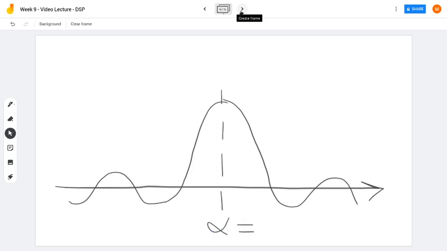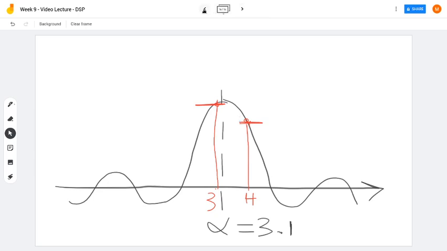Let me put it, alpha equals, let's say 3.1, a fraction like this. So the first sample we'll be having will be at 4, and the sample before 3.1 will be at 3. So as you can see over here, these two samples are not symmetric anymore, and now we have lost the symmetry.